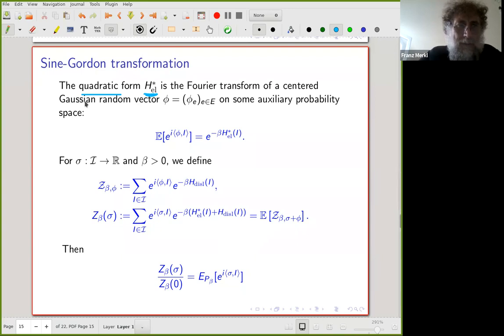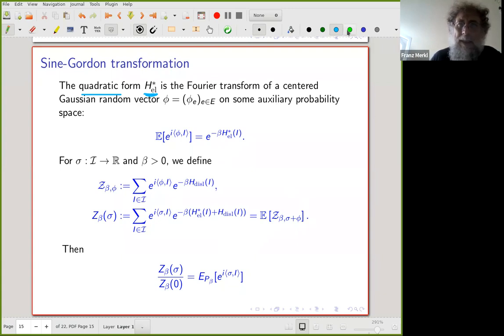The exponential of it, when it is positive definite, e to the minus beta times our quadratic form, is a Gaussian. And a Gaussian is a Fourier transform of a Gaussian vector.